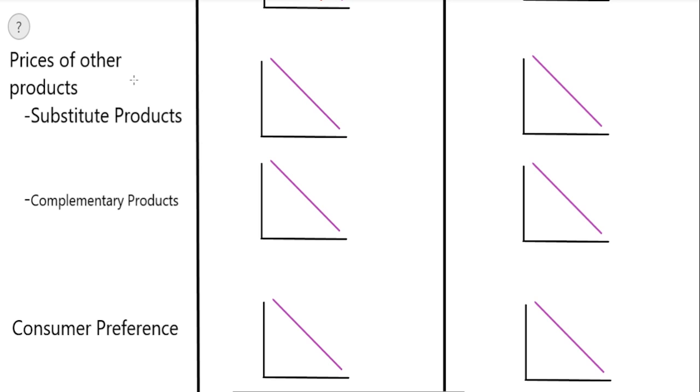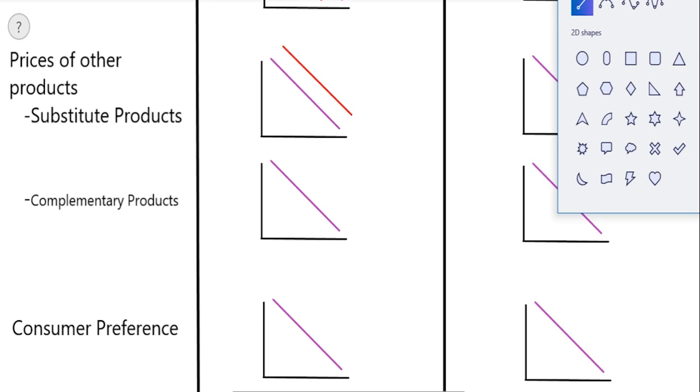We'll just assume they are substitutes. Let's say we're looking at Coca-Cola and the price of Pepsi increases. Well, we're probably going to want to demand more Coca-Cola since we know that's going to be cheaper.